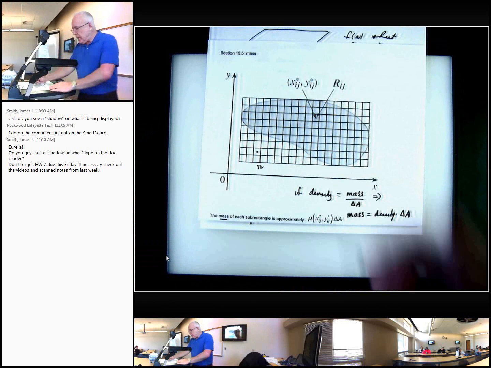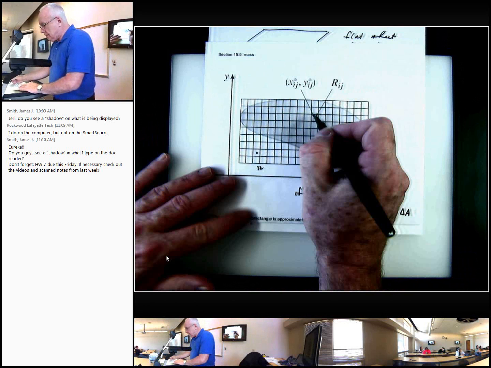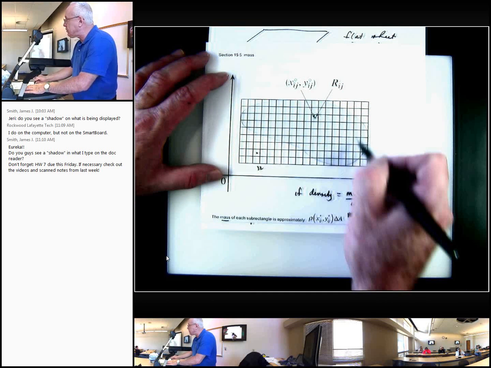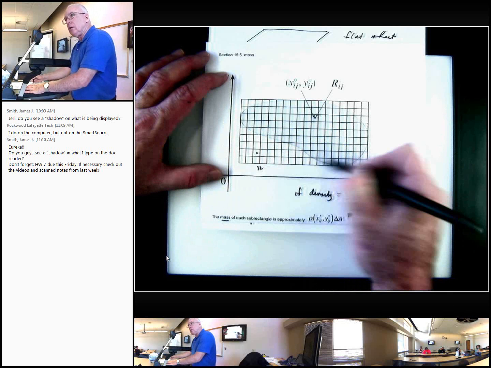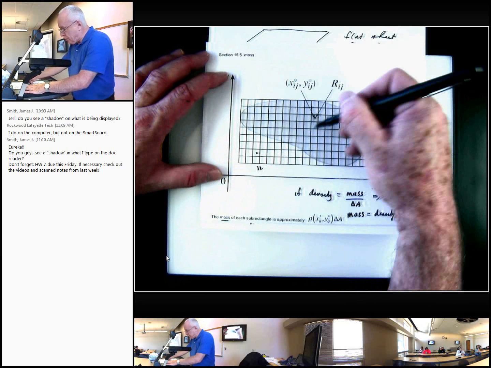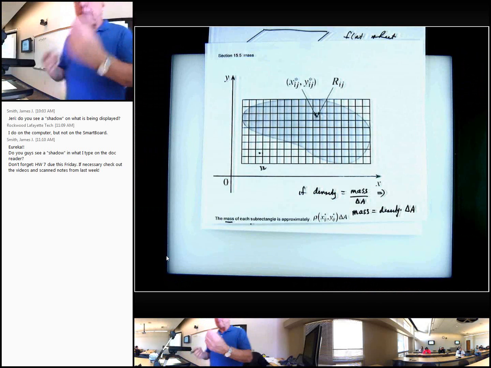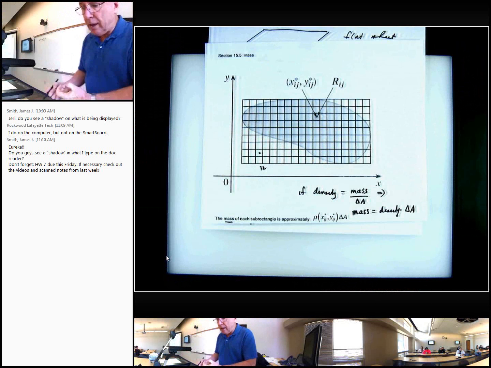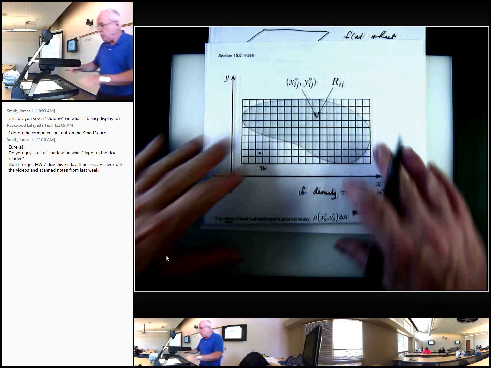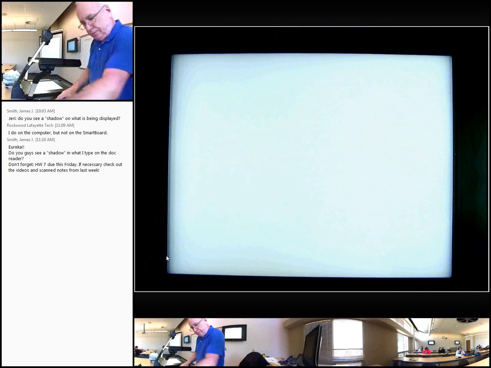We take a point right there in the center, and we're summing up, say with respect to the y-axis, all the moments of all the points in this lamina. Each of these points has a mass, times the length it is from, say, the y-axis. So we're summing up all of these distances.